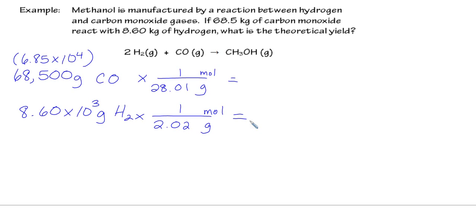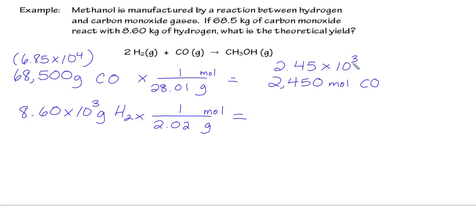With 3 sig figs, let's say this is 2,450. Yikes. Or if you want to keep them in scientific notation, you could say 2.45 times 10 to the third. I'd be okay with that. Either of those show 3 sig figs.